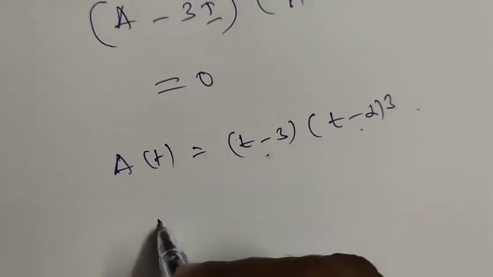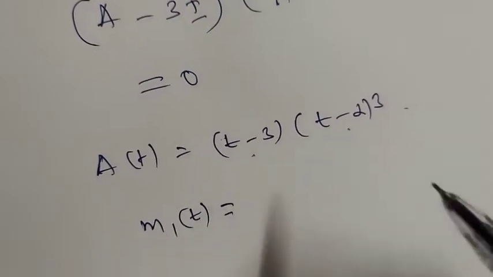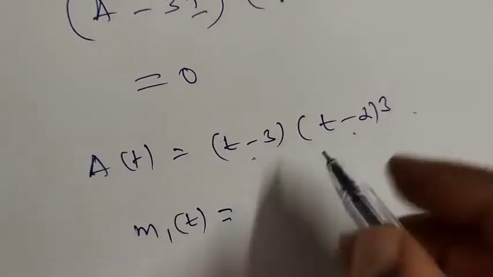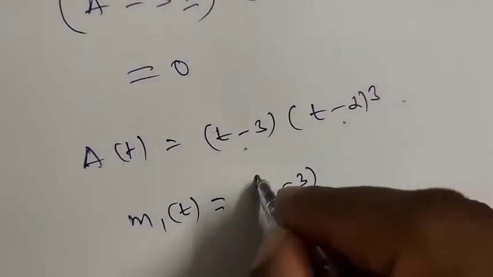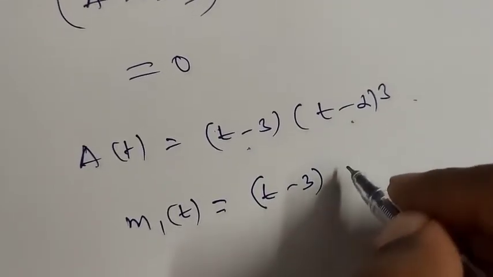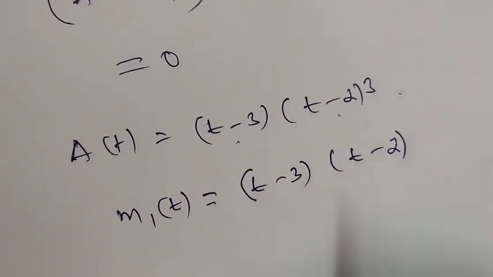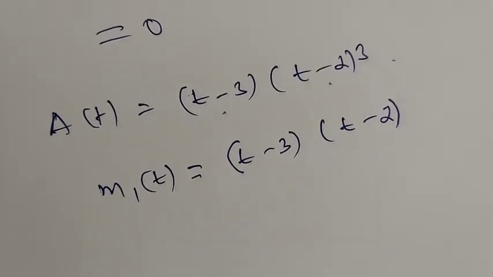The first choice, m1 of t, contains all the factors: t minus 3 into t minus 2. This is one choice for the minimal polynomial.